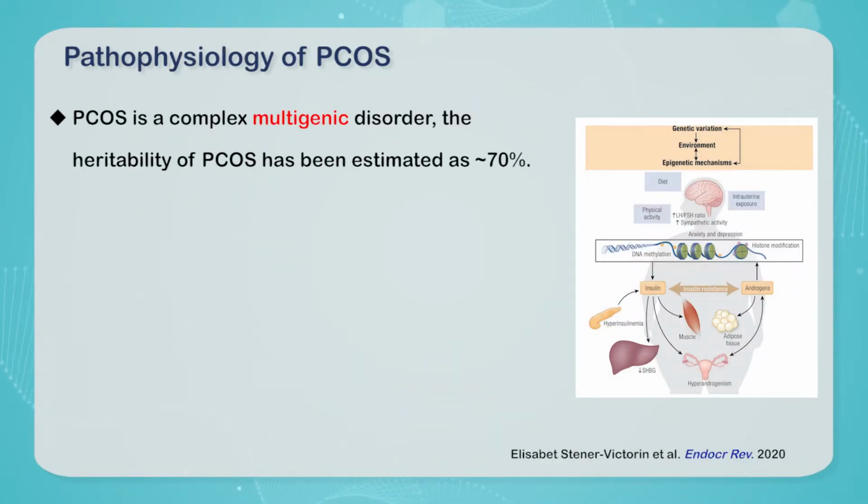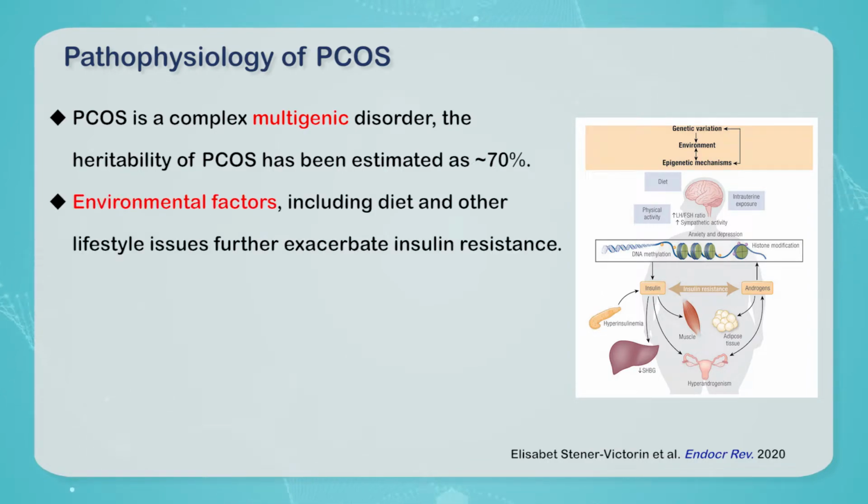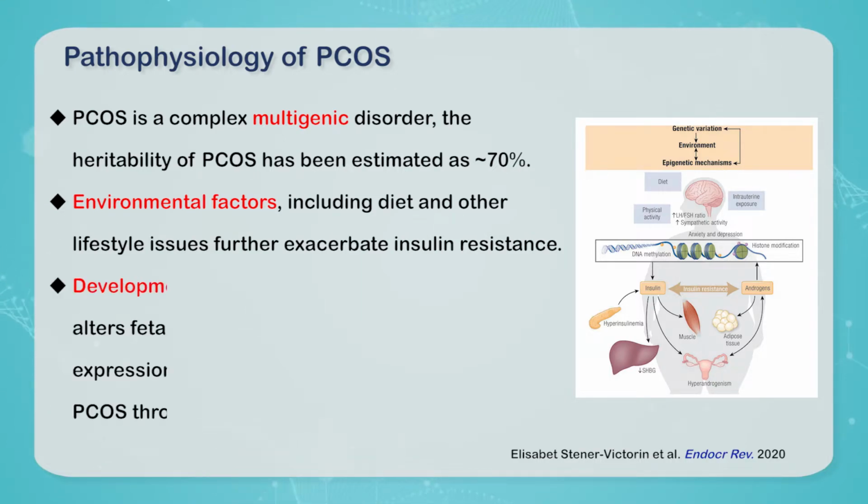Polycystic ovary syndrome is a complex multigenic disorder, with the heritability estimated at about 70%. Environmental factors, including diet and other lifestyle issues, will further exacerbate insulin resistance and ovary dysfunction.